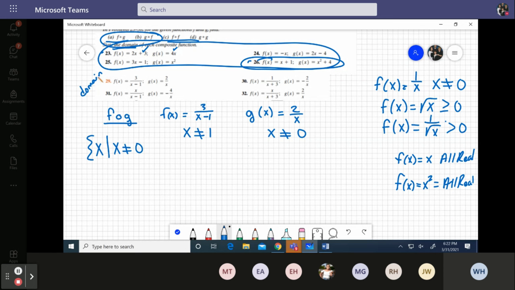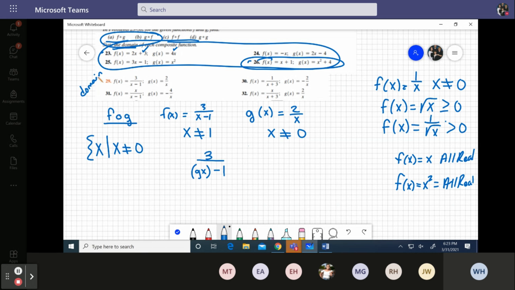It's not 1, because remember, I'm not dealing with them individually. I'm dealing with the composite function. And I'm going to have 3 over g of x minus 1, right? Because I got to put that g of x in where that x is.